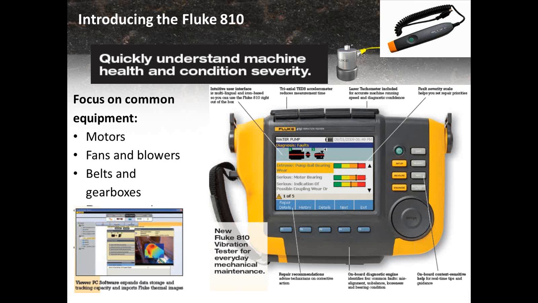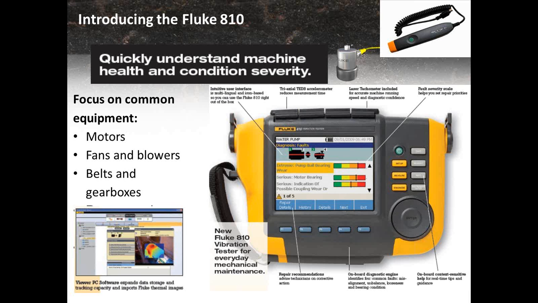Is there any way to use the 810 to perform bump tests to determine natural frequency? No, unfortunately. Even though the 810 is a vibration data collector, and many vibration data collectors on the market can do bump testing, we designed the 810 to be easy to use, and in order to be easy to use, we had to not allow some functions.